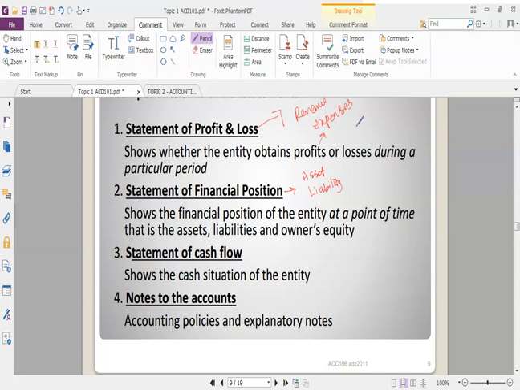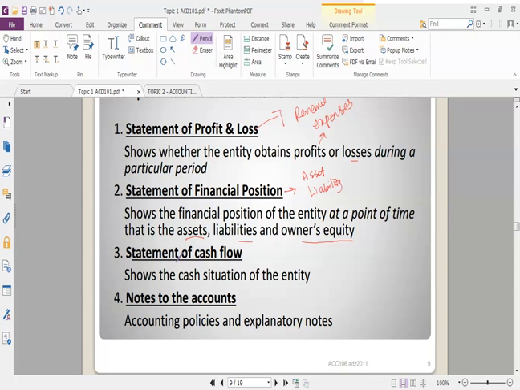If your revenue is lower than the expenses, it is a loss. In the statement of financial position, the components are asset, liabilities, and owner's equity. All these classifications we will discuss further after this.